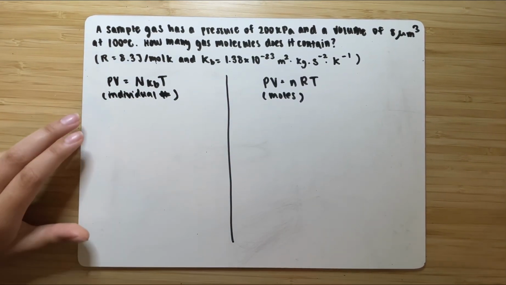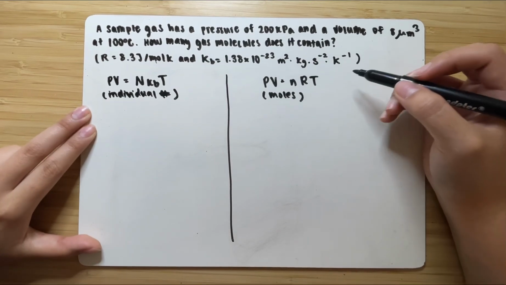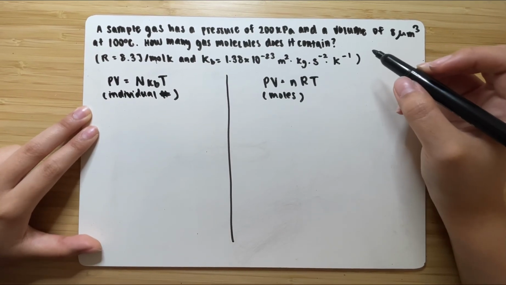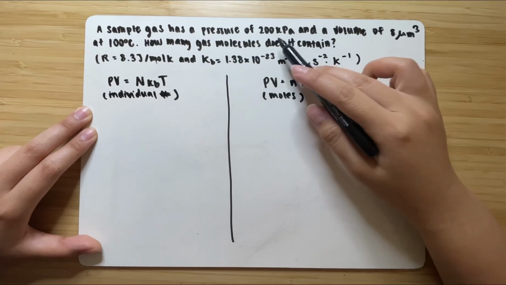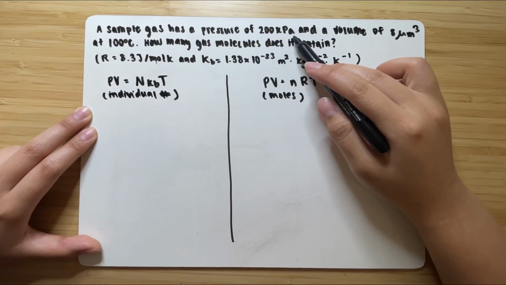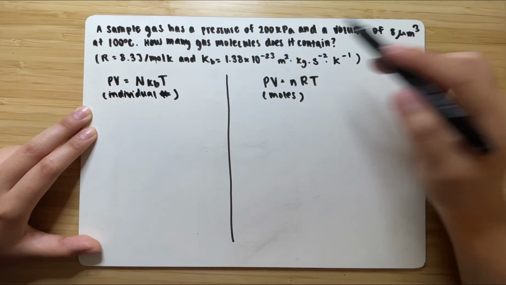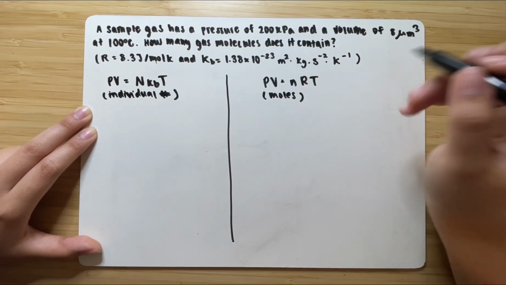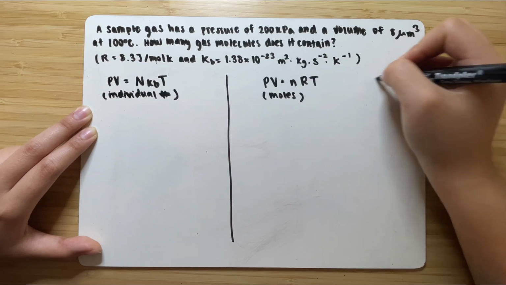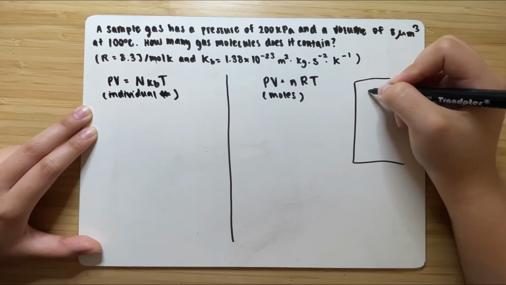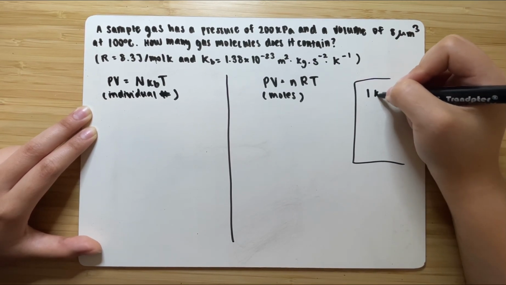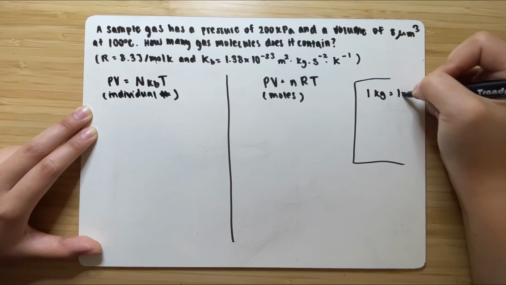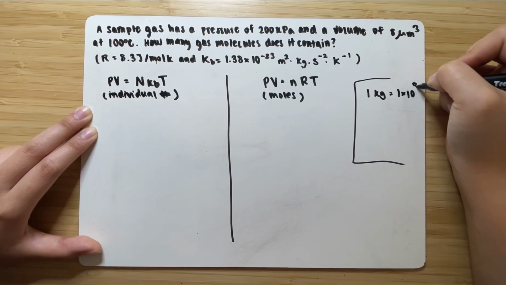Now, moving on. It says that the sample gas has a pressure of 200 kilopascal. However, we want to convert this kilopascal into the SI unit, which is just regular Pascal. So, side note, we know that 1 kilo is equal to 1 times 10 to the third.